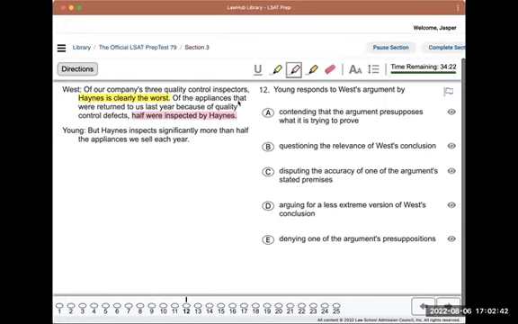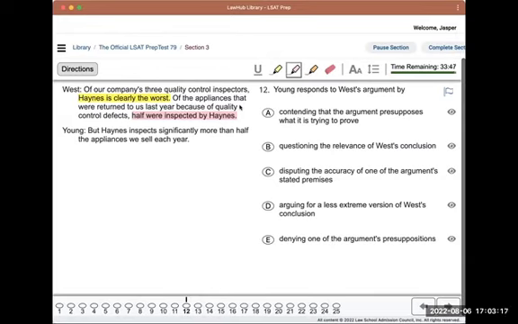Okay, so let's think about this, right? So we've got 3 quality control inspectors. And what we would expect is that if they're all equally good and they all inspect exactly 1/3 of the appliances, and it's at random, right? Like, we're not sending any one of them appliances that are more likely to have quality control defects or anything like that.